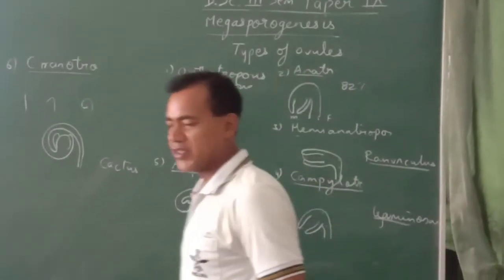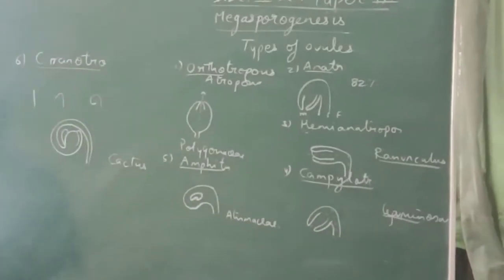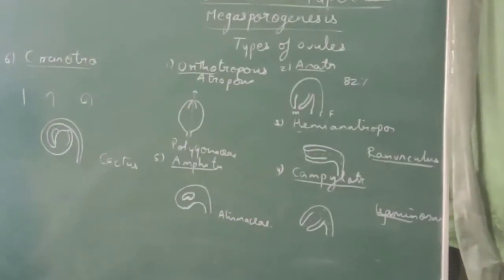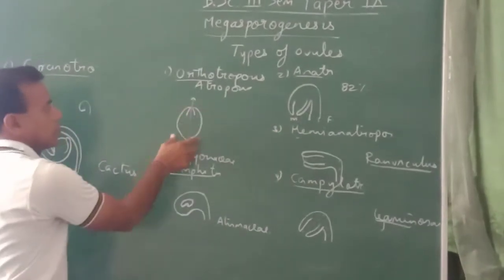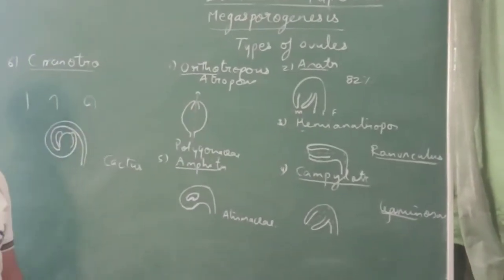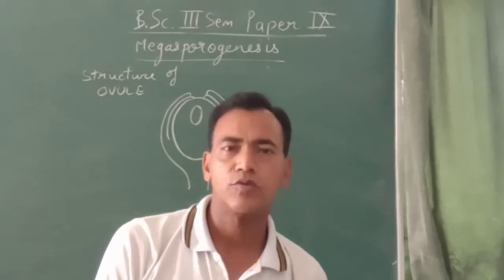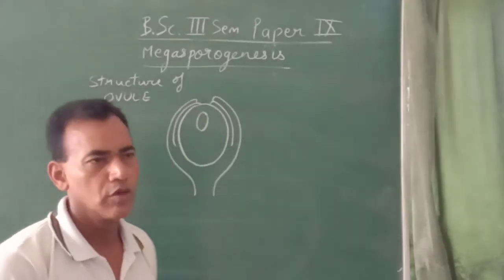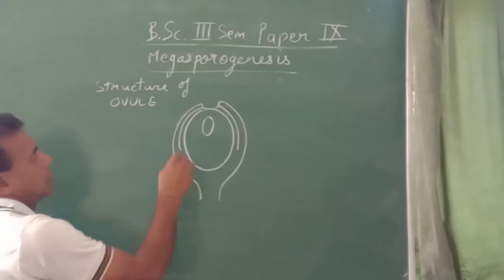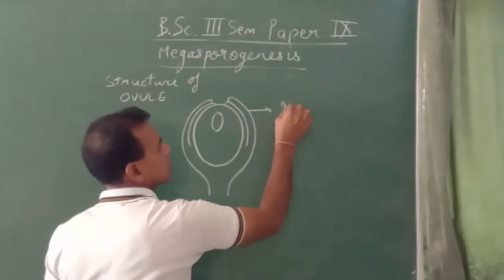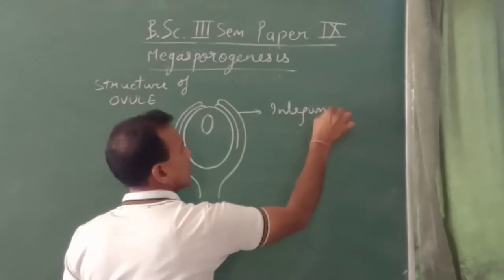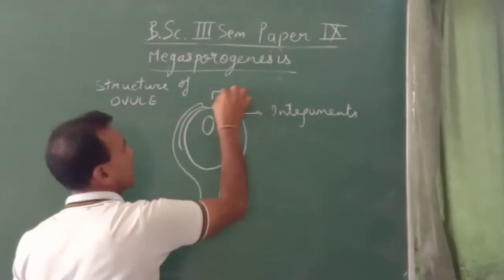Now coming to the next aspect of megasporogenesis, in which we will discuss the structure of the megaspore. Now coming to the detailed structure of an ovule, we can see the ovule is made up of integuments, micropyle.